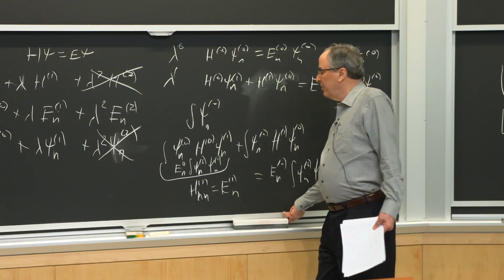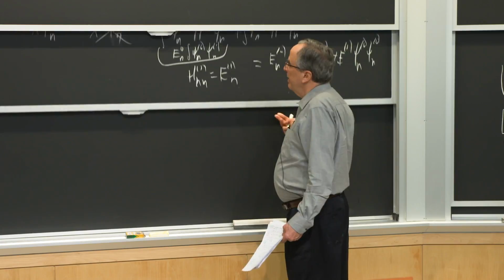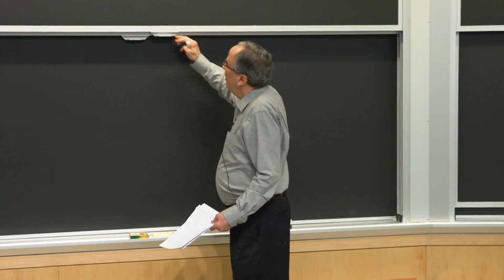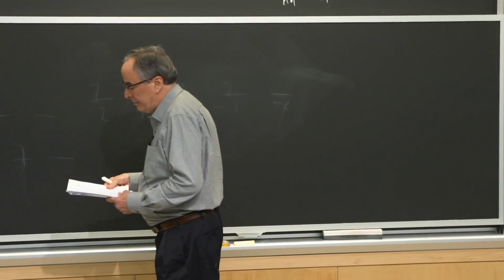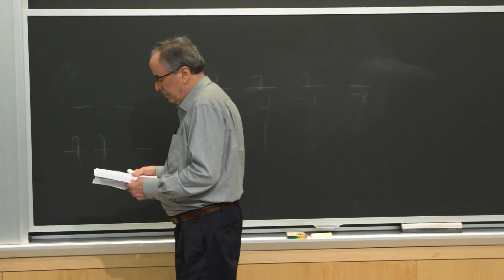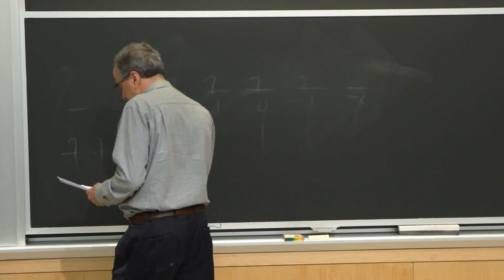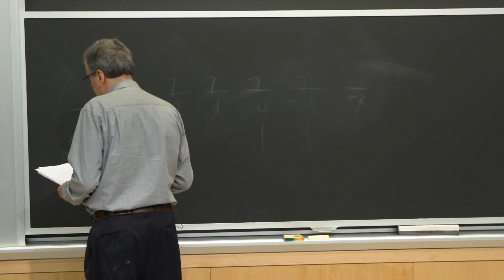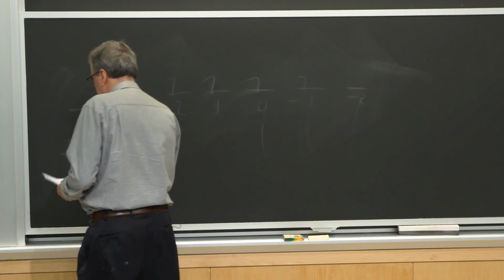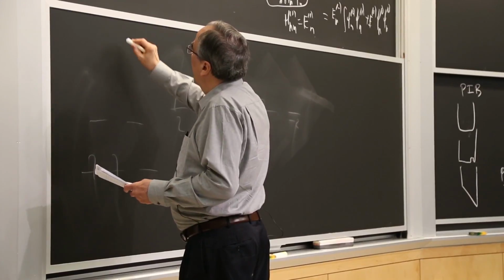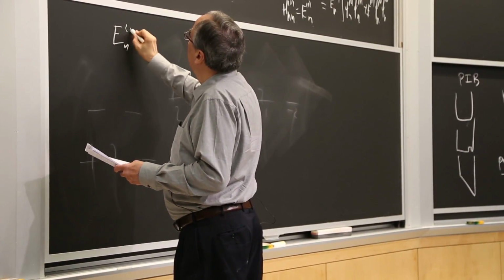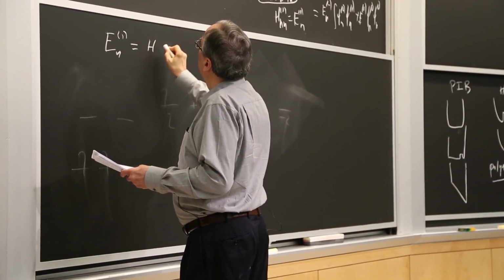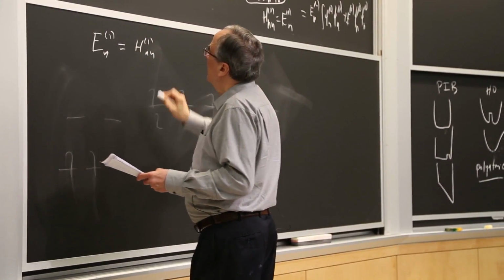And we can continue. The algebra isn't beautiful, but we end up getting the following equations. We have E n1 is H1 nn.